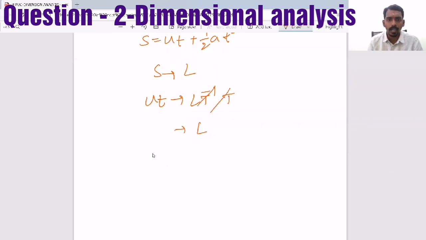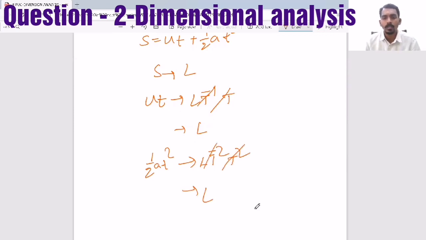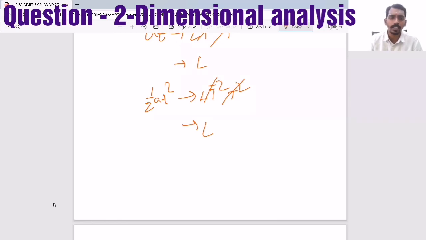Another one is half AT square. Half is a constant, dimensionless. Acceleration means L t power minus 2, and T square means t square. These cancel, so again the dimension is L. Like that, each and every term has the same dimension: S, UT and AT square.